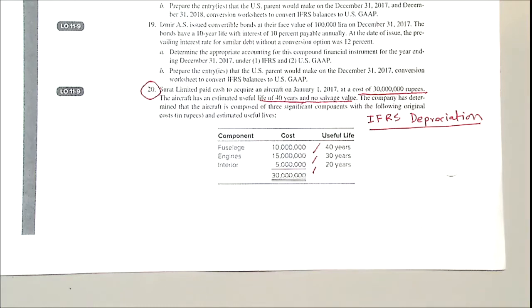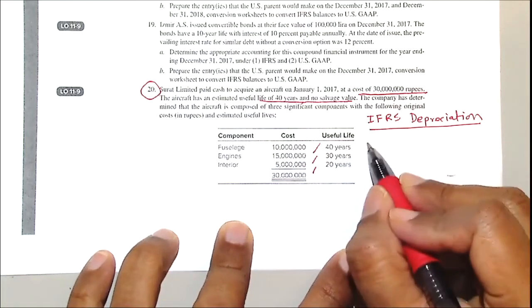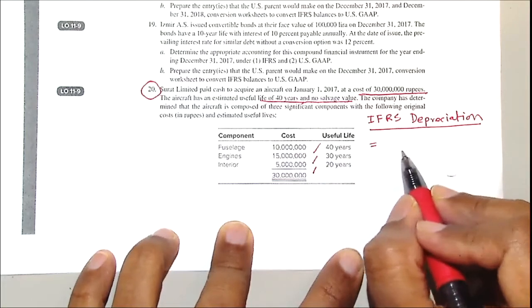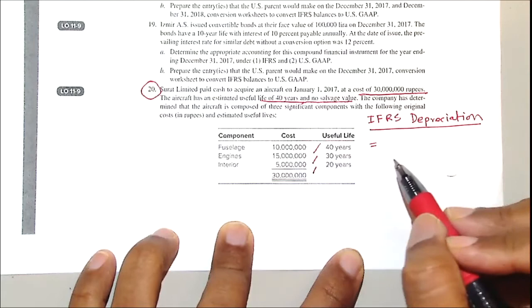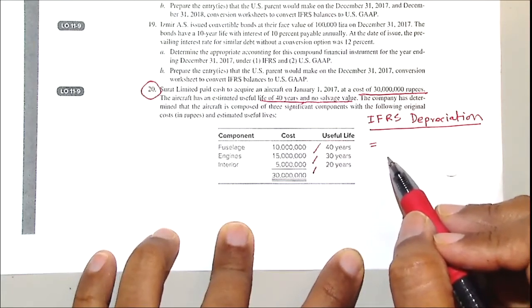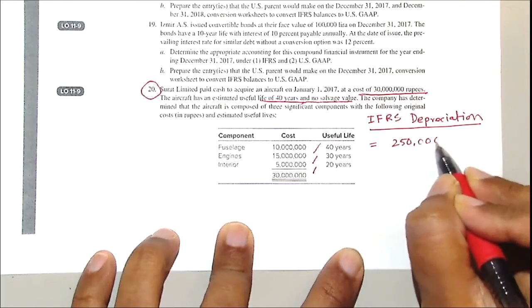So do the first component, fuselage. What's the depreciation? 10 million divided over 40. What's the depreciation amount? 250,000. So for the first component, your depreciation is 250,000.